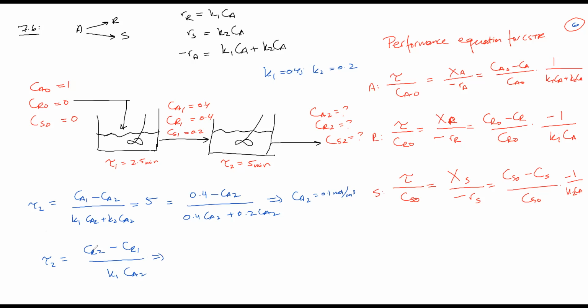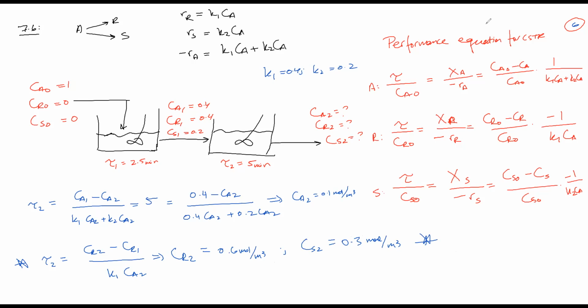If you plug in the numbers to solve for CR2, you're going to get CR2 equal to 0.6 mole per meter cubed. Similarly, you do the same thing for CS2. You're going to get CS2 equal to 0.3 moles per meter cubed. Please try this. If you don't see it, send me an email or come to office hours. This type of problem will show up on your test, 100%.